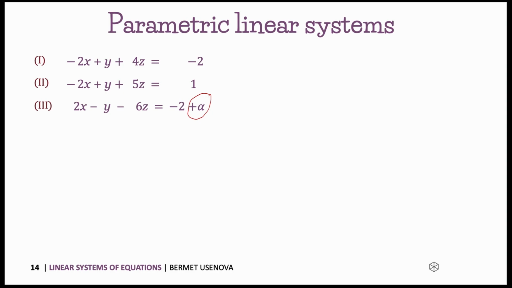For example, we can leave the first one like that. From the second one, we can subtract the first one and get rid of x. And to the third one, we can add the first equation, then we will also get rid of x and y as well. Let's do our manipulations.